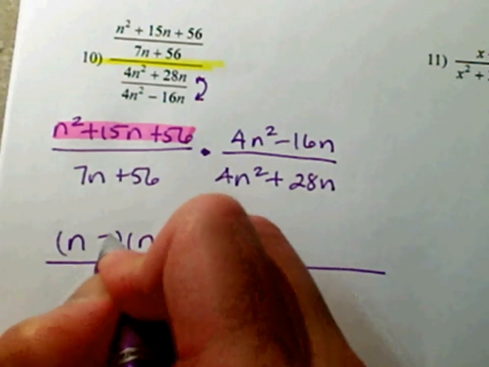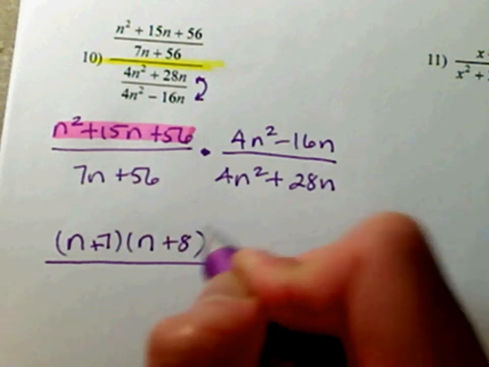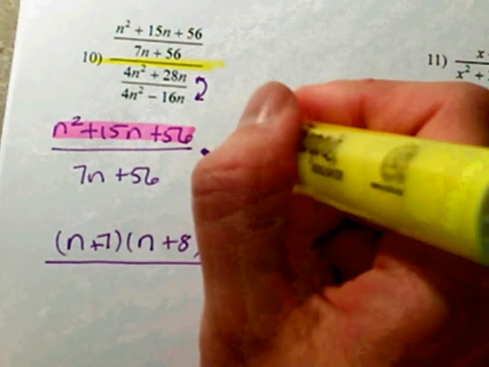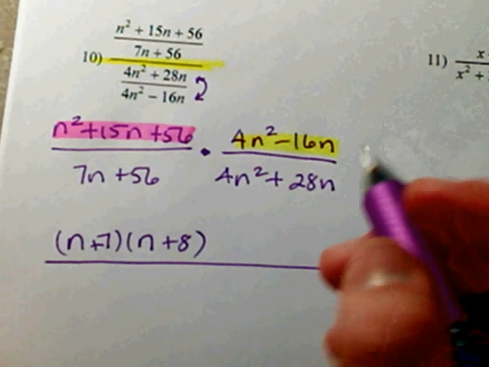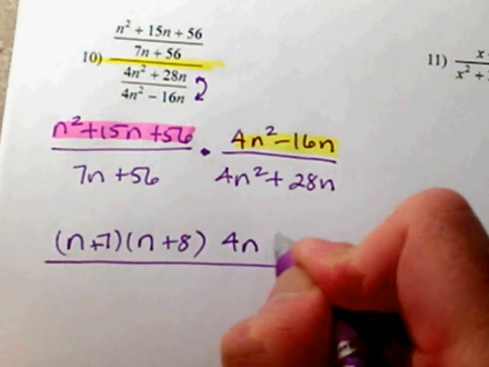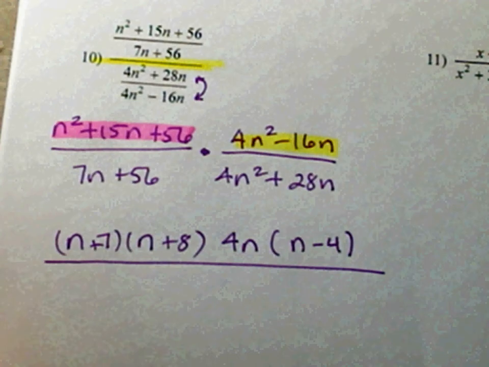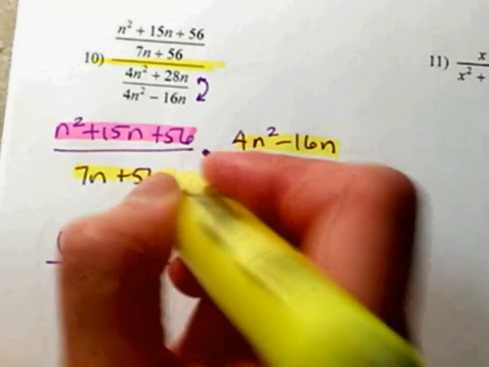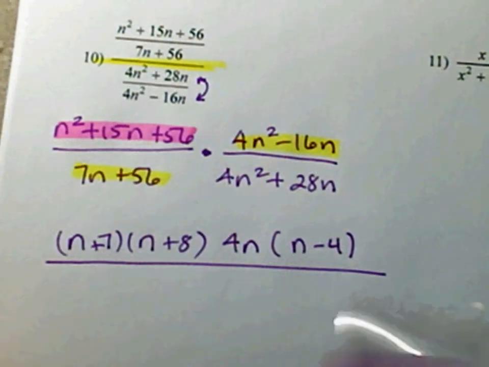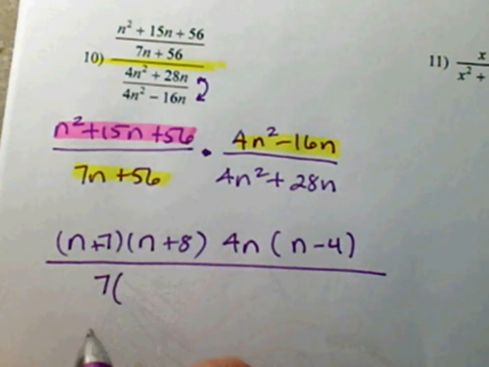Okay. Next group. What do those guys have in common? 4n. Factor out 4n, you have n minus 4. That group. What do they have in common? 7. Factor out your 7 and you have n plus 8. Okay.